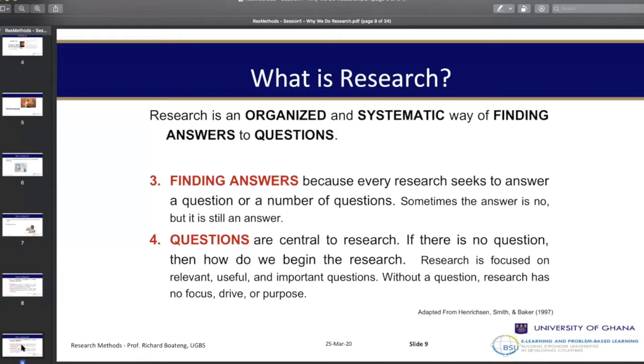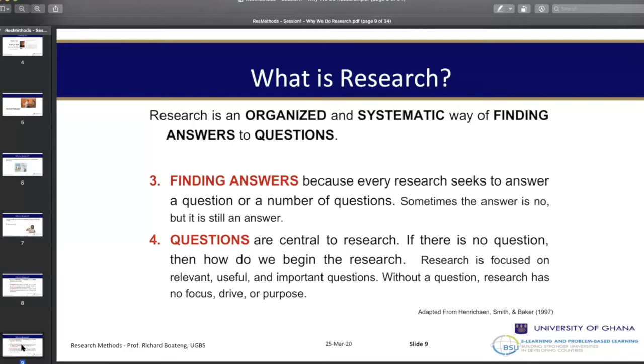So I'm coming from a livelihoods perspective, you are coming from a technology perspective, and we are all trying to study fishermen in Teshi. So even though we have chosen the same locality, the same population, the same respondents, the same topic or phenomenon, we are both interested in different questions. And then what differentiates my research from your research is the question that we are asking.